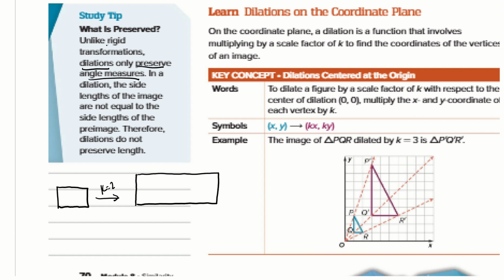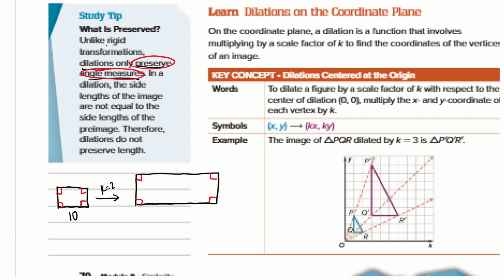So now this is a scale factor of 2. But notice that the angles are still the same, right? So this still remains a rectangle, even if I enlarge it. So the angle measures are preserved, right? So it preserves angle measures, but it does not preserve the side length.